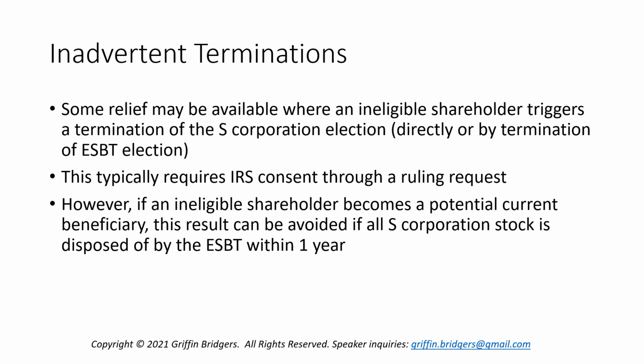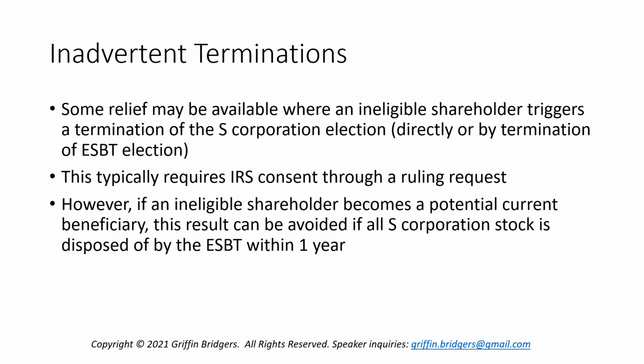Now, if this happens, there may be some relief available if you can show that the termination was inadvertent, maybe due to the internal workings of the trust itself. That also requires its own separate ruling request procedure with the IRS.